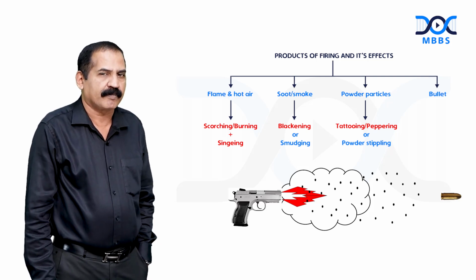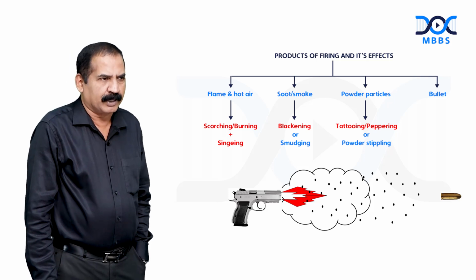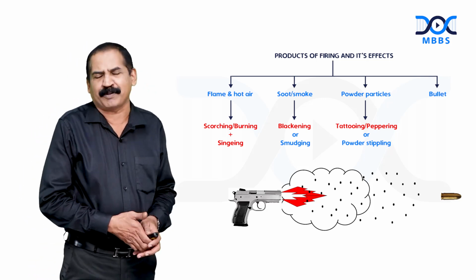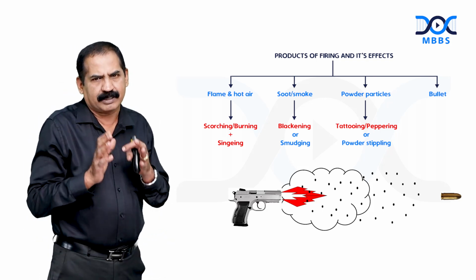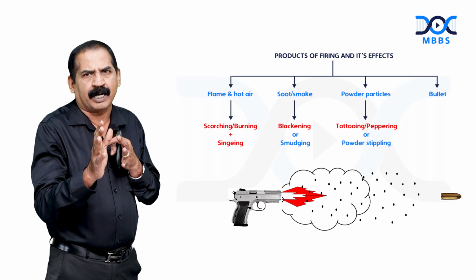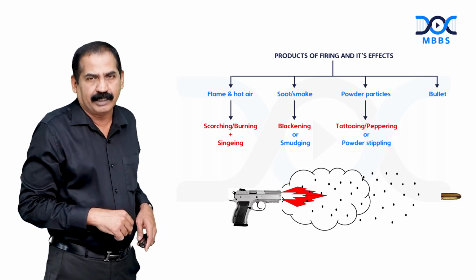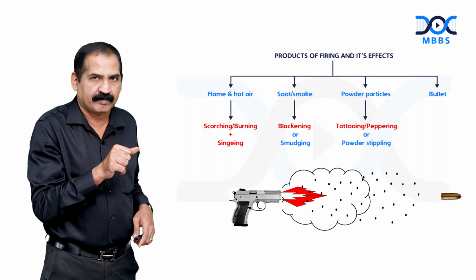And finally, the bullet. Even now, if you have not understood about the peppering, I will show you a picture. Then you will understand properly. Everything I will show you in pictures. My only idea is that you understand properly. Bullet hits the skin, penetrates the skin, and forms a wound of entry.